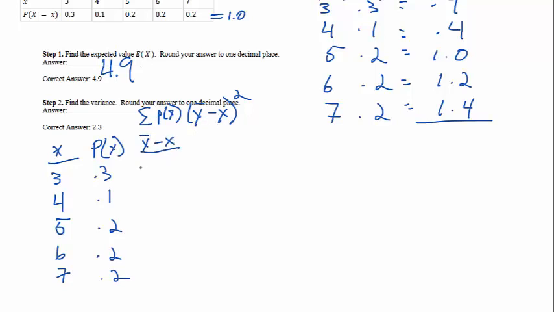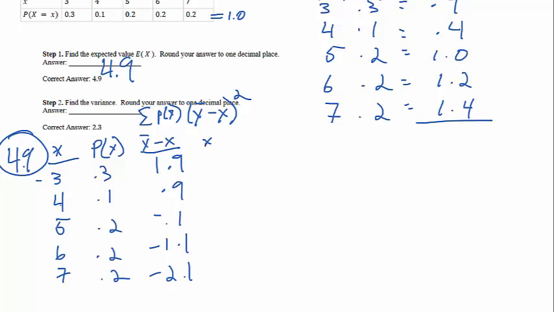So what's x bar? X bar is 4.9. So this is 4.9 minus all of these. 4.9 minus 3 is 1.9. 4.9 minus 4 is 0.9. 4.9 minus 5 is negative 0.1. 4.9 minus 6 is negative 1.1. And this is negative 2.1.